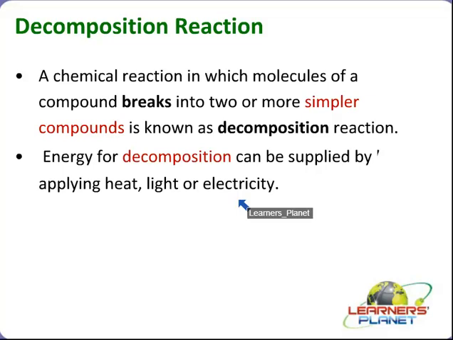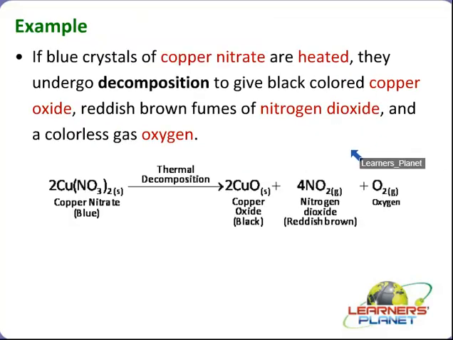So you can supply energy in any form. Now let's discuss a few examples of decomposition reaction. If blue crystals of copper nitrate are heated, they undergo decomposition to give black colored copper oxide, reddish brown fumes of nitrogen dioxide and colorless gas oxygen.